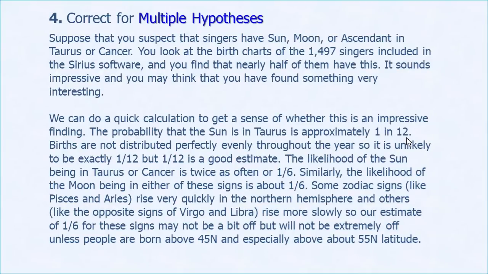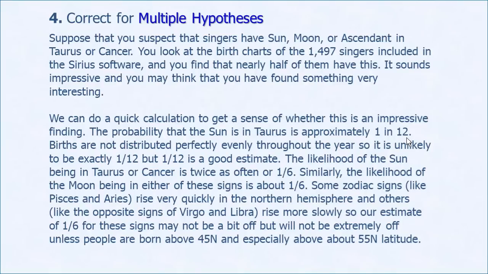Now let's take a very simple example to show you how quickly it becomes likely that somebody has something. And this is not only an issue for a formal research study, but just in thinking about astrology in general. Here's a typical example. Suppose you're interested in what is in the charts of singers, people who have good singing voices.